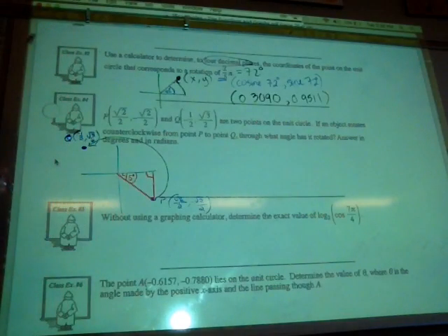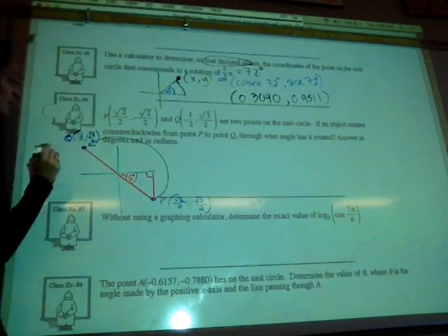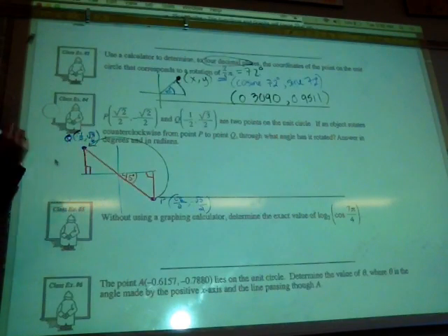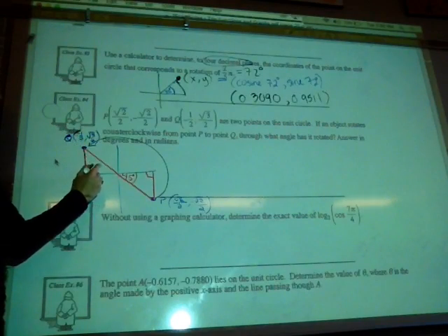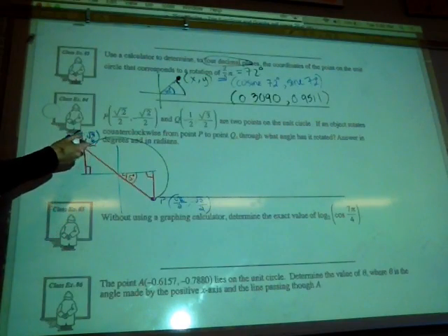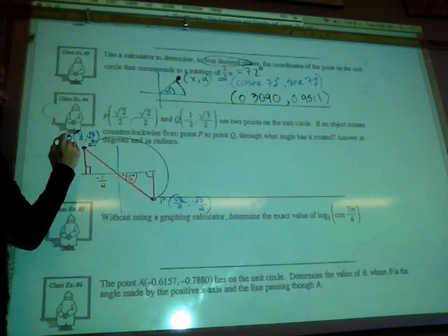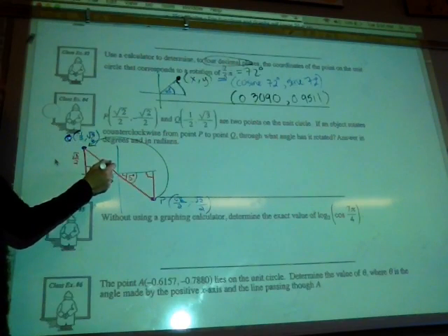Okay, awesome. Now let's go on the other side. We're going to connect a line from the origin to Q. And then draw down to the x-axis, and we need to figure out the reference angle here. I'm just going to label this to help out a little bit. Okay, we know it's going to be 30 or 60, but my x is 1/2, and my y is root 3 over 2. So what's the reference angle? 60, good.